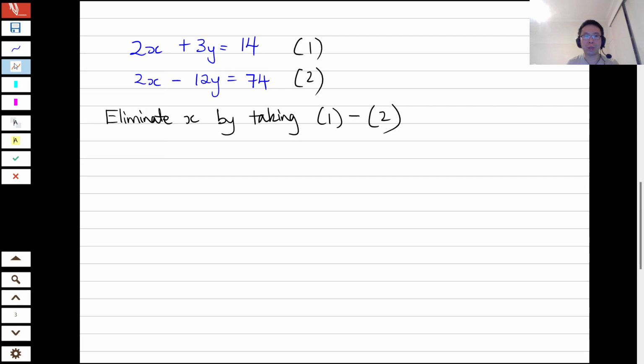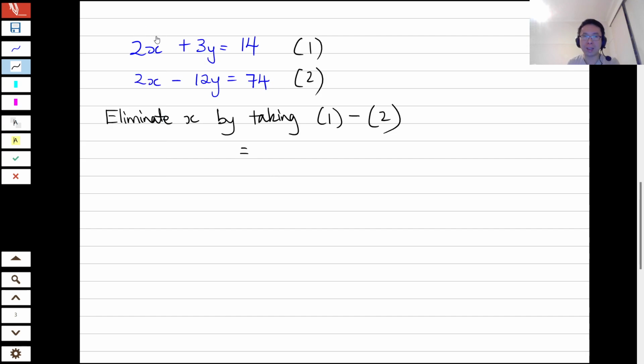Some teachers will actually write it like this. They will put a minus sign, they'll put a big bracket down here, and then they'll write those lines that look a bit like the equal sign, and you would do long subtraction this way. So you can do that if you like. I'm not going to do that. I'll just demonstrate this term by term.